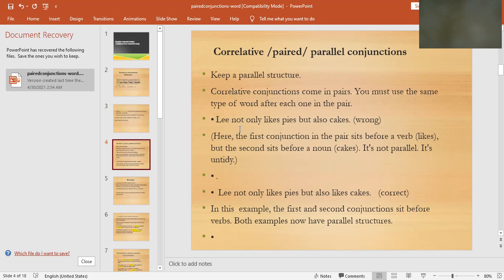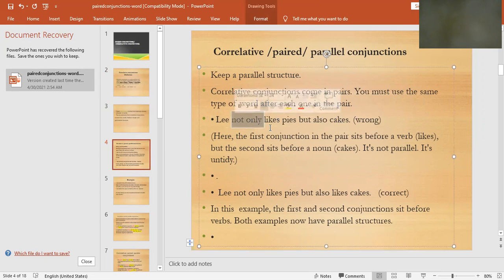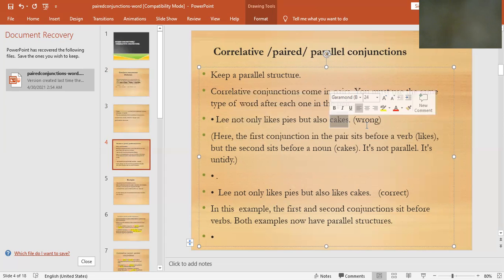Lee not only likes pies, but also cakes. Not only is the conjunction. Look at not only, what's after not only? The verb likes. But after but also we have a noun, cakes. So this is not parallelism. So it's wrong.